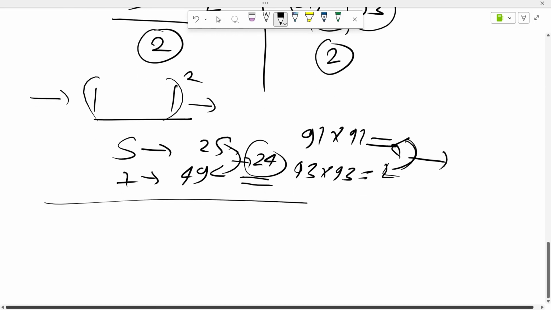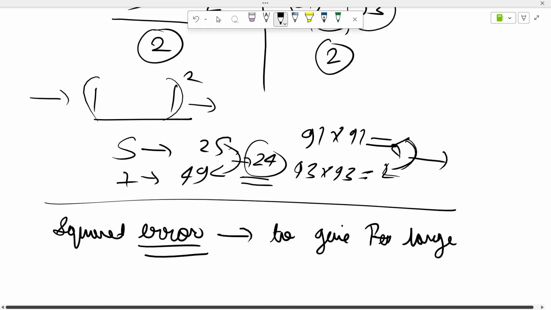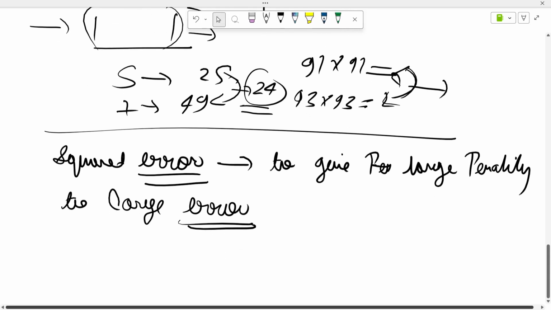So in machine learning we use squared error. Why do we use it? To give a larger penalty to large errors. So the more error the model makes, the more penalty it gets.